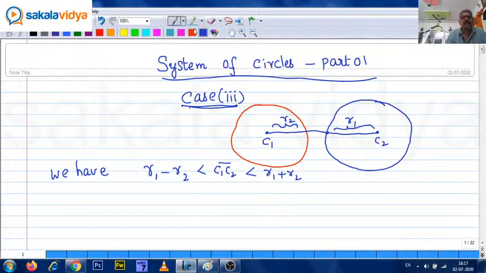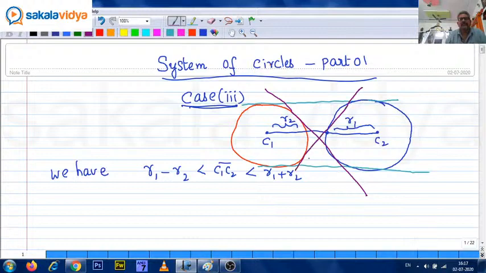How many tangents can be drawn? Here one tangent, here also one tangent, and we can draw the tangents like this also. So the number of tangents is equal to 4. These two green tangents are called direct common tangents.